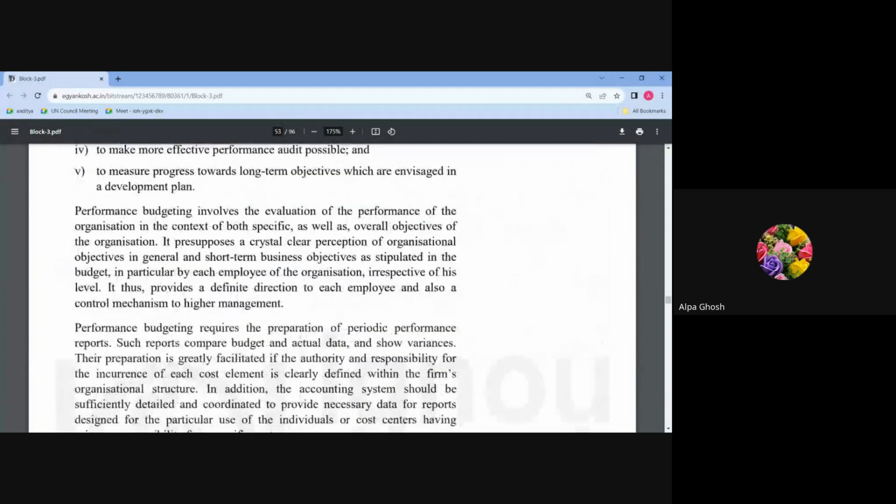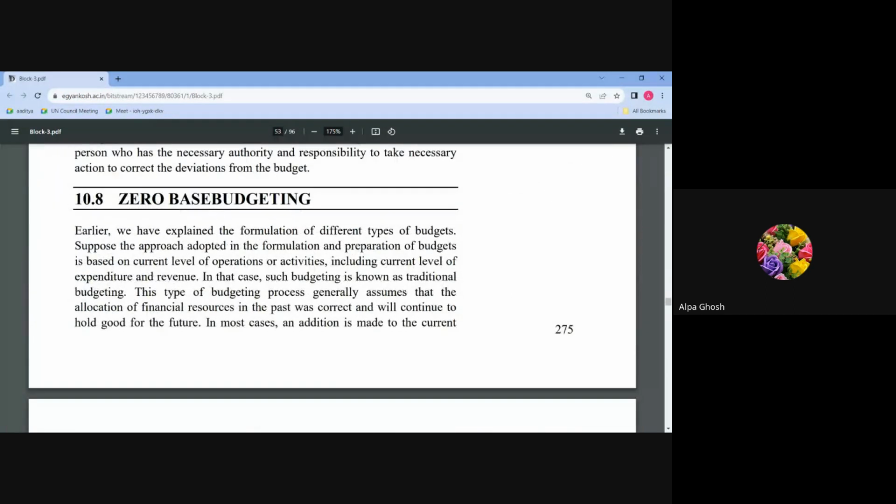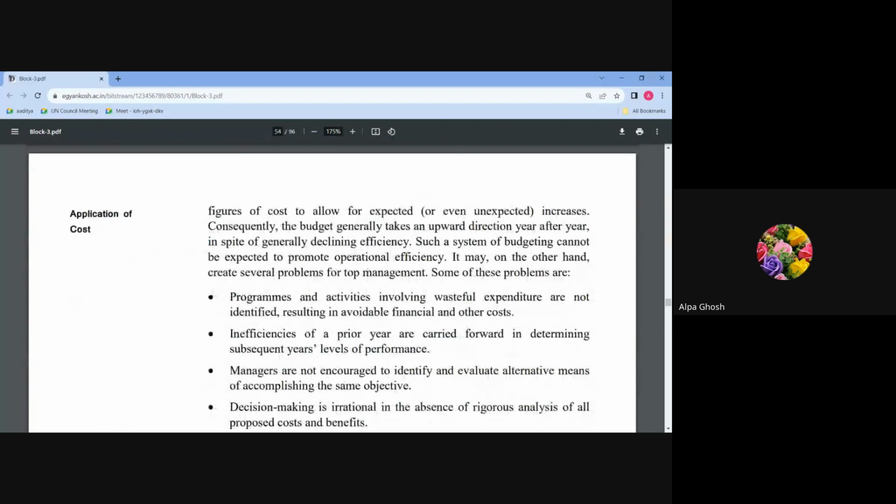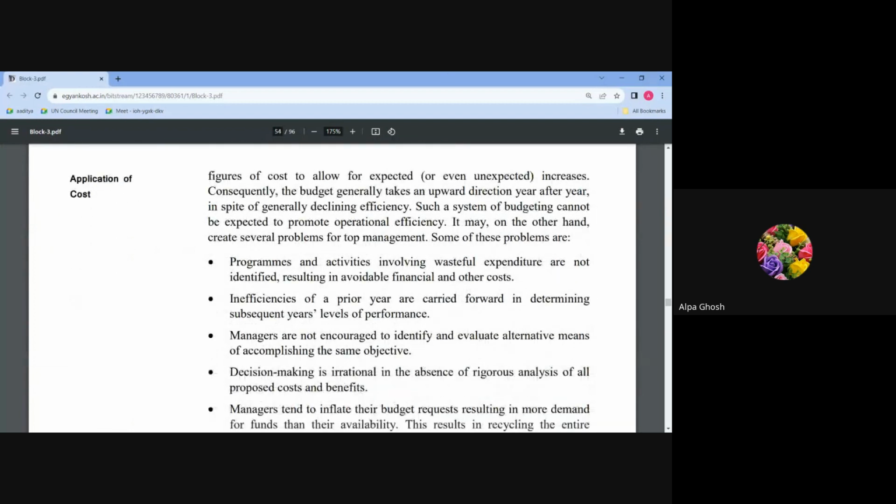Next, one important aspect in budgeting is zero-based budgeting. When we talk about budgeting, for a budget we always have a plan. Let me give you an example. If it is a sales budget, and I hope we are all working, you will agree with me to a certain extent that if I prepare a sales budget for this current year, I will say last year the sales target achieved was 1 lakh units.